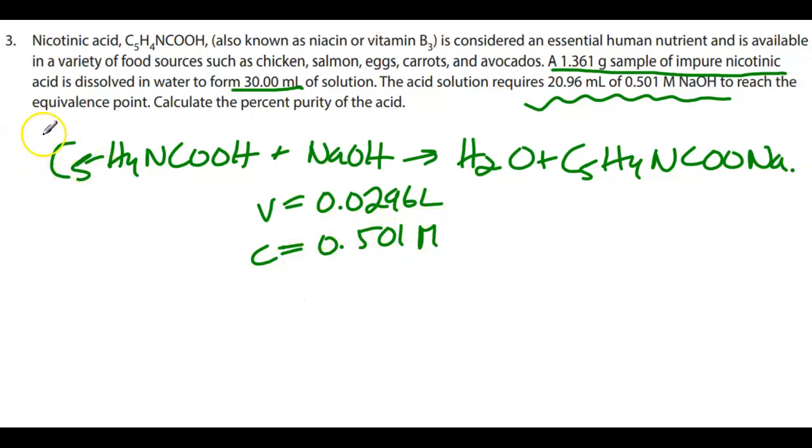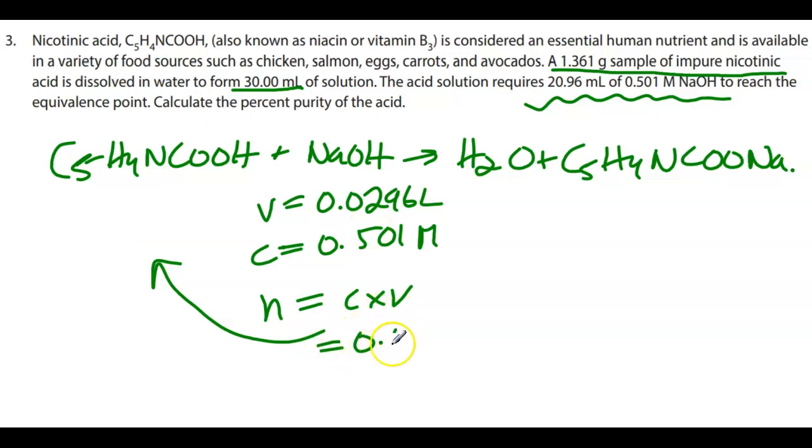So this is a 1-to-1 ratio. So we find the moles here. Once we have the moles, you would then determine the mass. We can do this actually pretty quickly. So here our number of moles is going to be 0.0105 moles, which is the same over here.